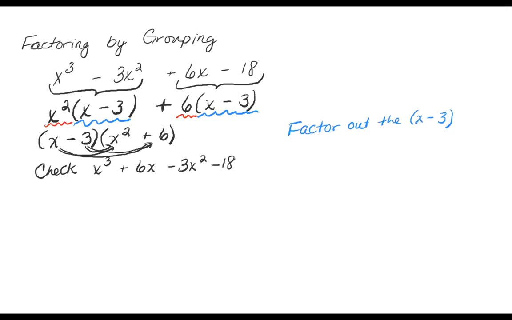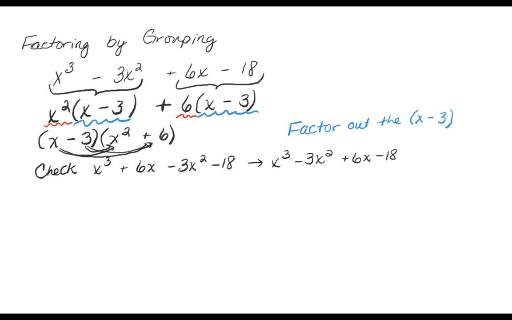And the terms are written in a different order, but that really is x cubed minus 3x squared plus 6x minus 18. Also, remember when you write your final answer, it doesn't matter what order you put your factors in.